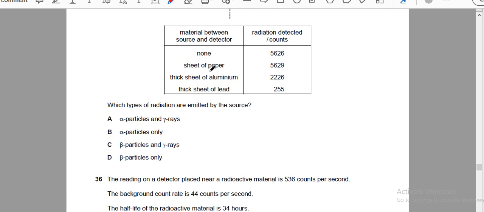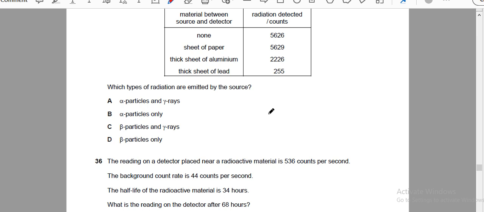For sheet of paper, it means that there is no alpha because alpha is stopped by the sheet of paper, and the thin sheet of aluminum reduced the reading, so there is beta, and the lead case means that there is gamma.